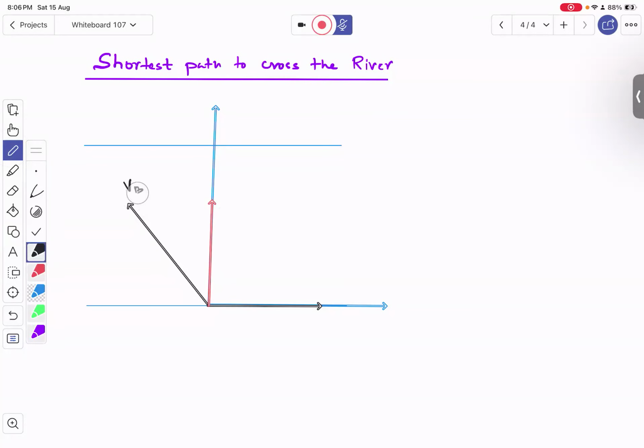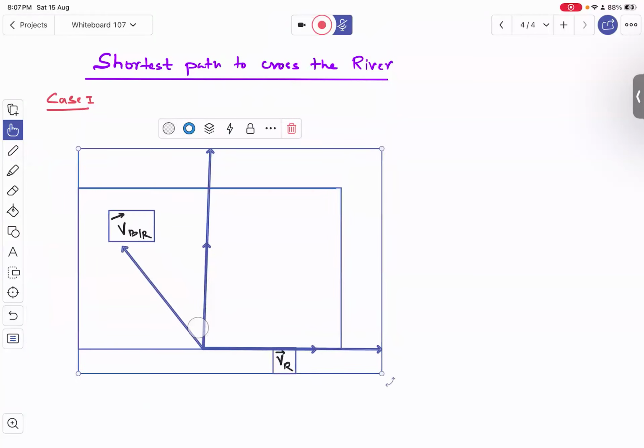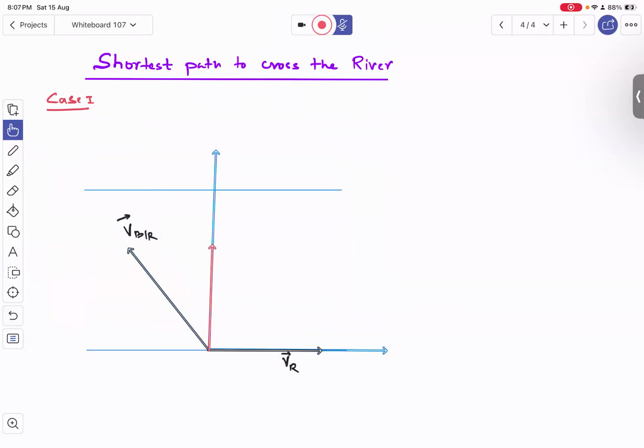This is our VBR, and this will be our VR in that case. What case? Case one, when the speed of the boat with respect to the river is more than the speed of the river.